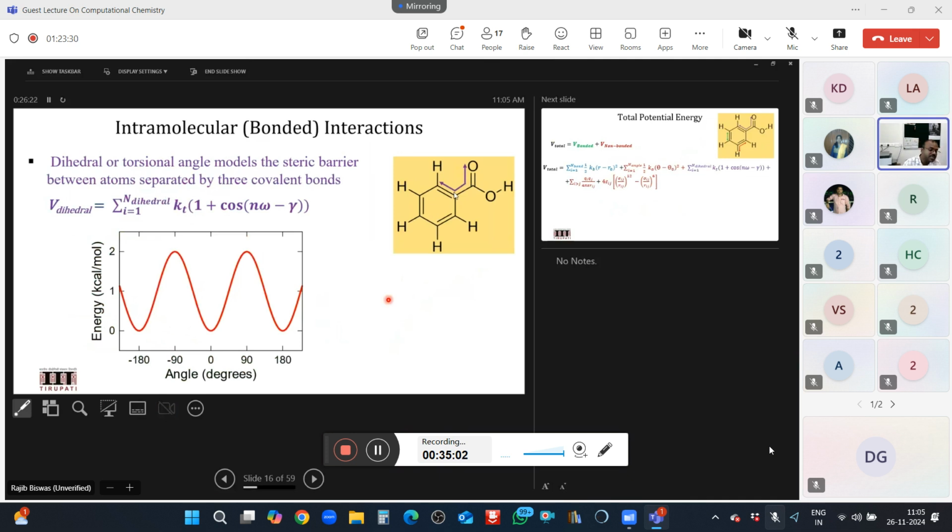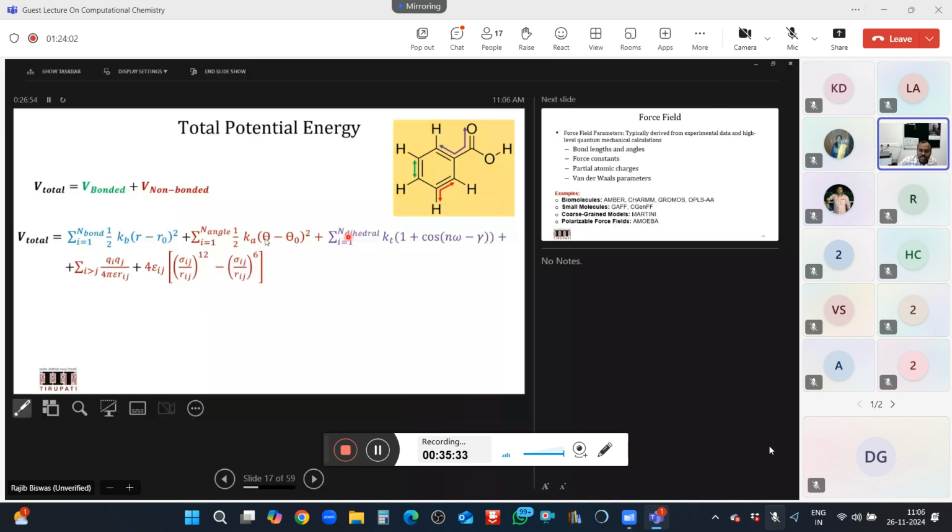For example, if you talk about ethane, whether it will be a gauche conformation or eclipsed conformation, that can arise from this torsional angle potential, and it can be of various forms. Here I just showed using a cosine series, but it can be harmonic, it can be a combination of both cosine and sine. Many different forms are available in the literature, and based on your molecules of interest, you can choose one. Here I just showed one for the purpose of showing an example.